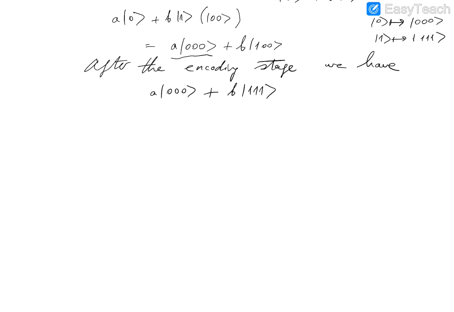So let me draw a table to denote these: state, probability, and change.